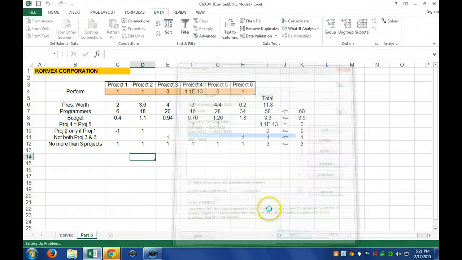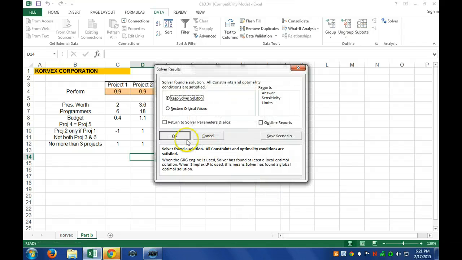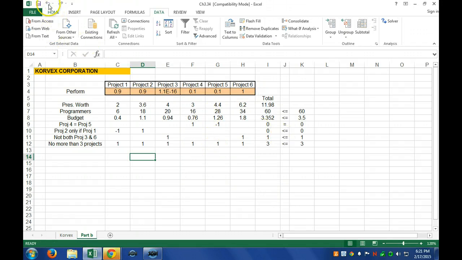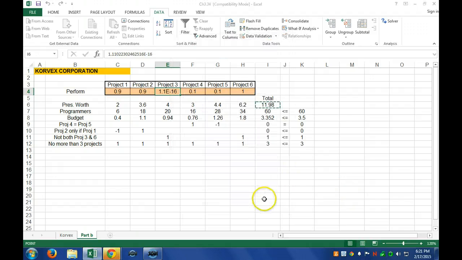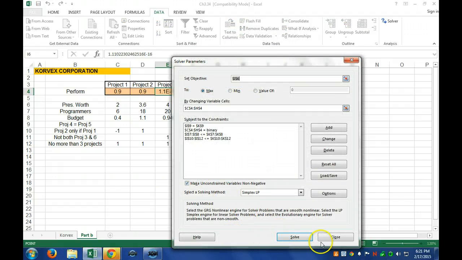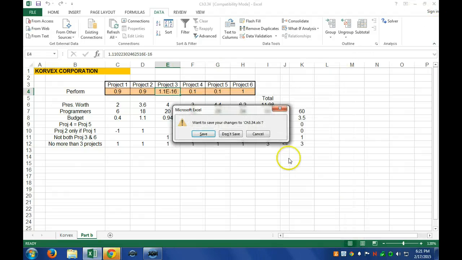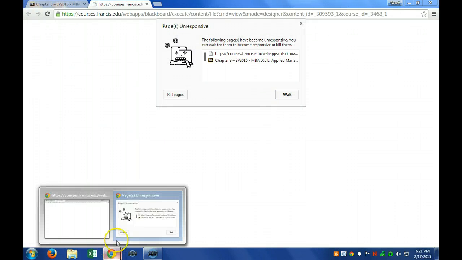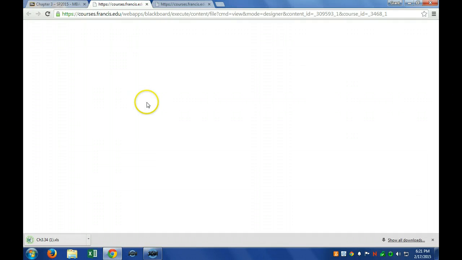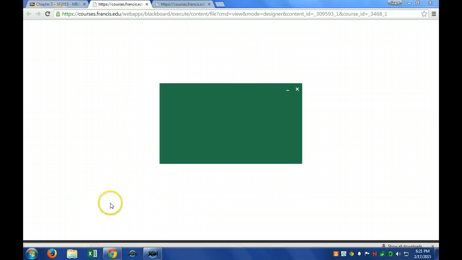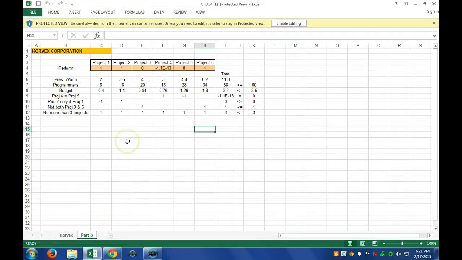When I solve this, it found a solution. The solution that it came up with is to do projects 1, 2, and 6.